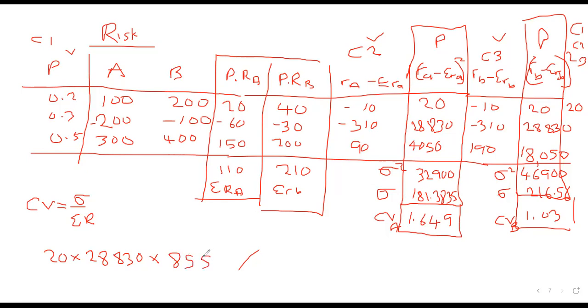Multiply that, you get the covariance of A and B. What is our covariance? And multiply all these three. The amount is too huge.